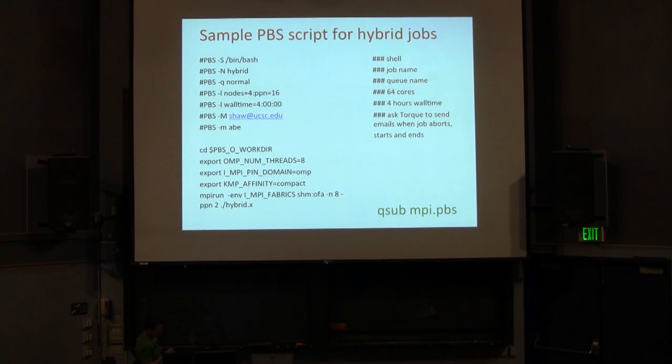And as I said, the recommended programming paradigm for this kind of cluster is a hybrid job. Hybrid programming, so OpenMP plus MPI. It's slightly more complicated than that. So again, here we request 64 cores.